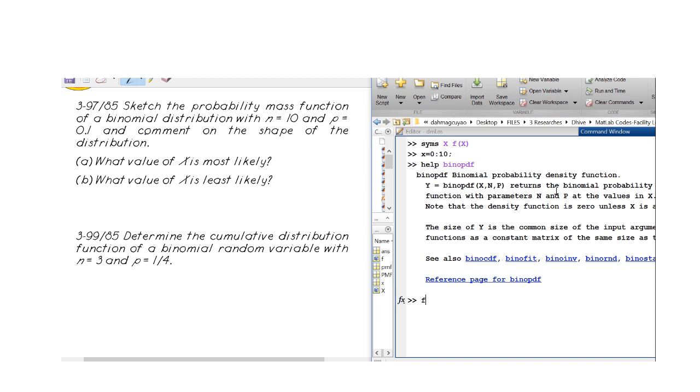To get f(x), the probability mass function, it would be equal to binopdf of x, the different values of x, where n is 10 and the probability p is equal to 0.1.